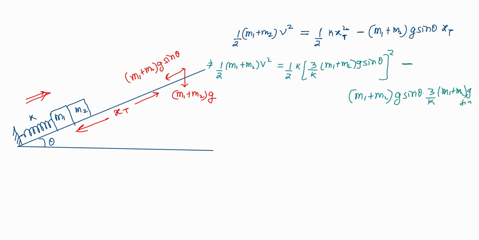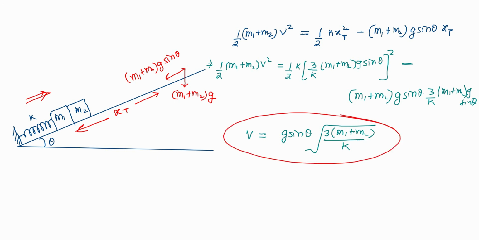So this is the expression which we have, and from here on calculation we get v turning out to be g sin theta root over 3 times (m1 plus m2) by k. So this is the answer for the third part of this problem.